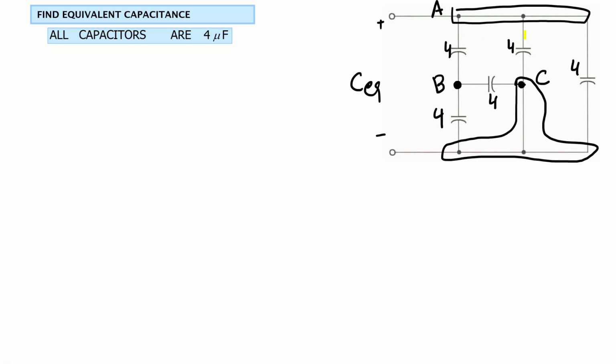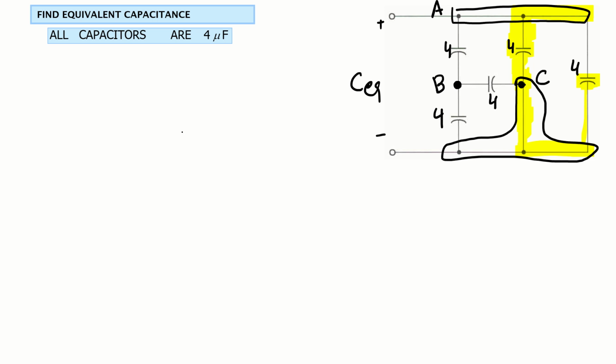If I look at this branch, which is sharing node A and C, this 4 microfarad is connected between node A and C. And this branch is also connected between node A and C, right? So they are sharing two nodes, which means they are in parallel. So 4 plus 4 will become 8.